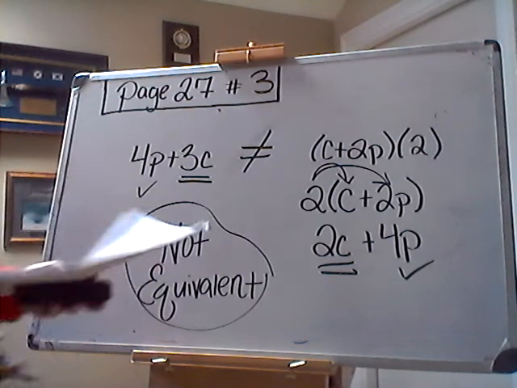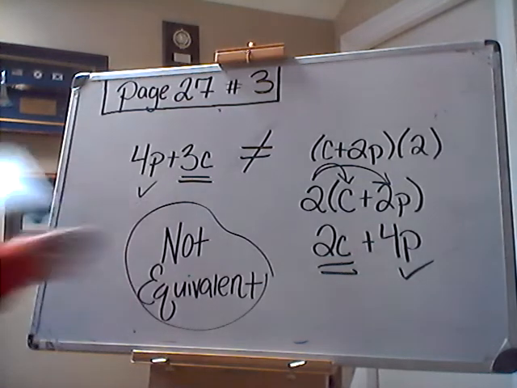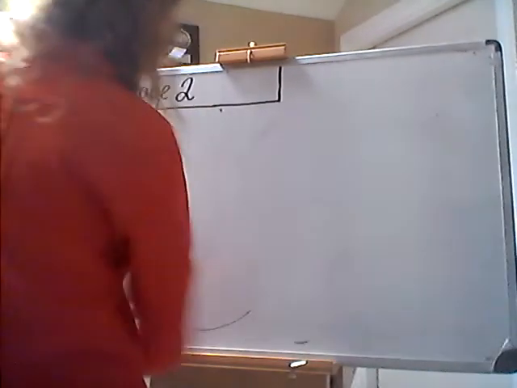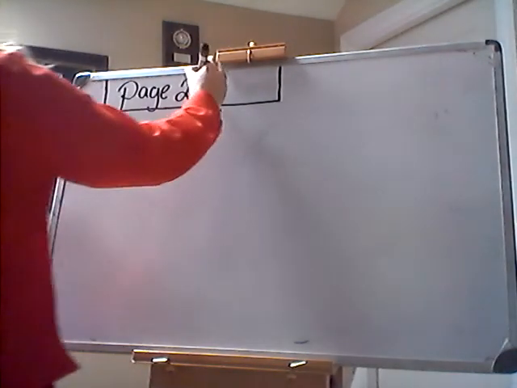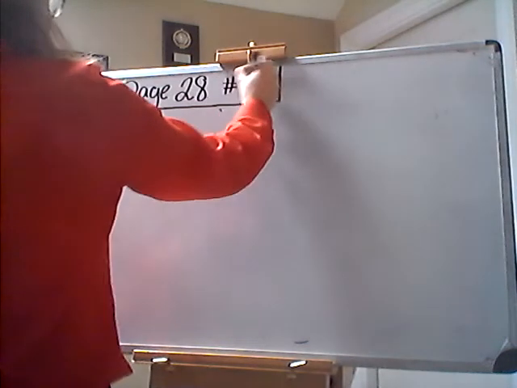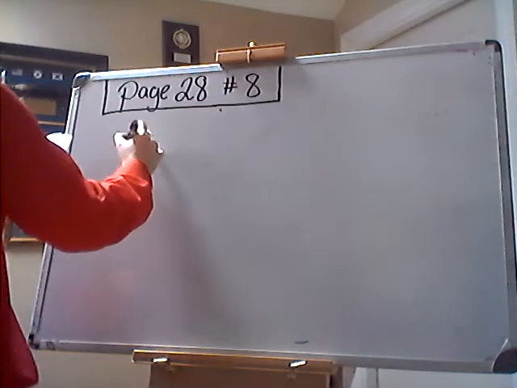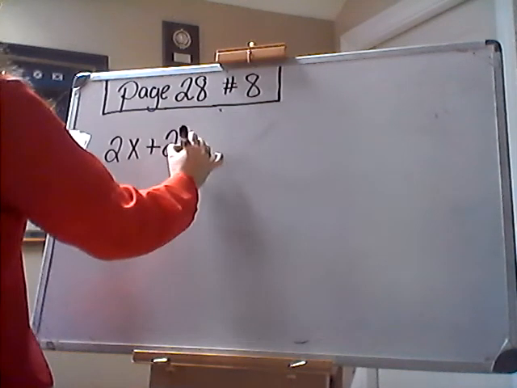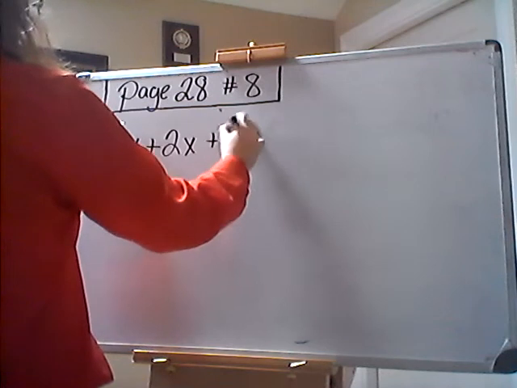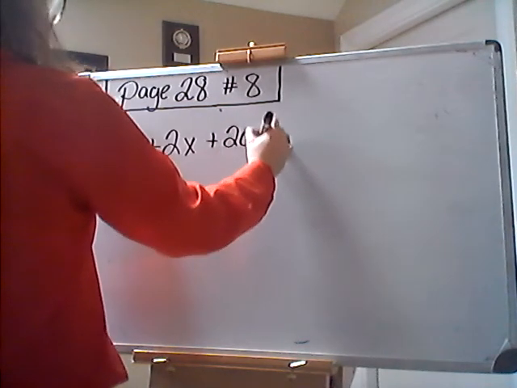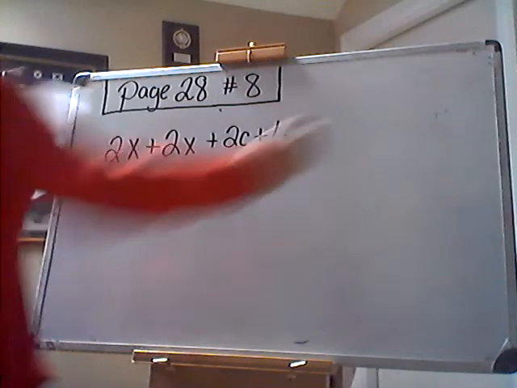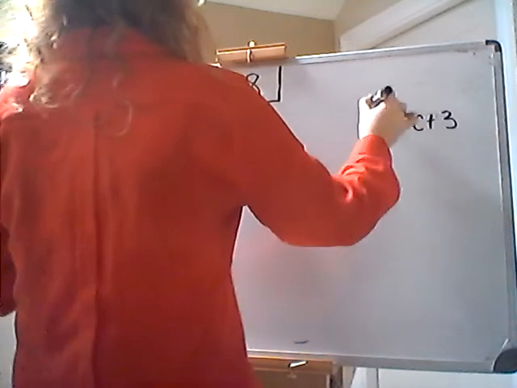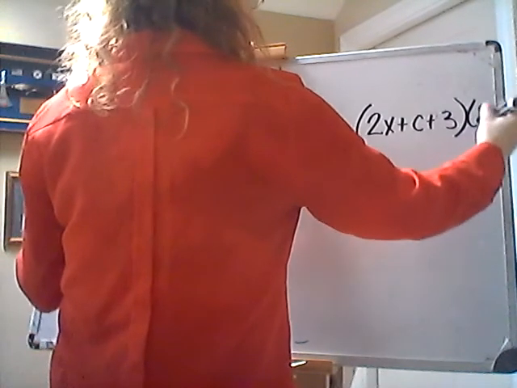Let's do number 8 on page 28. We have 2x plus 2x plus 2c plus 6, and 2x plus c plus 3 times 2.